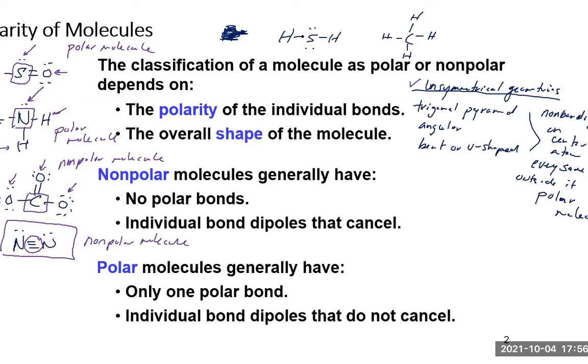Coming up here to the top, we got our central atom. I see dots. I see the same element on the outside. That tells me it's unsymmetrical, and this is going to be a polar molecule. And lastly here, I see no dots. Everybody on the outside is the same. That is going to be a non-polar molecule.